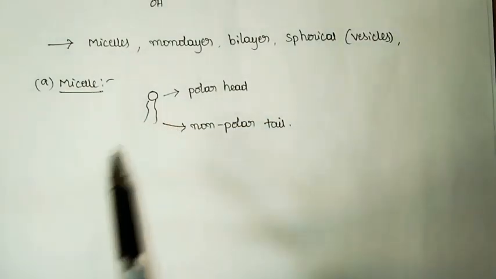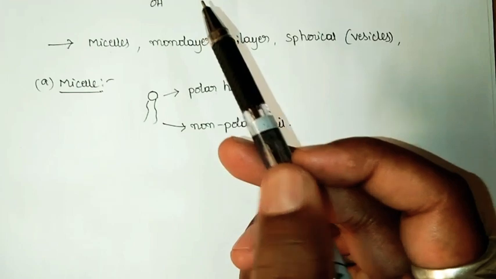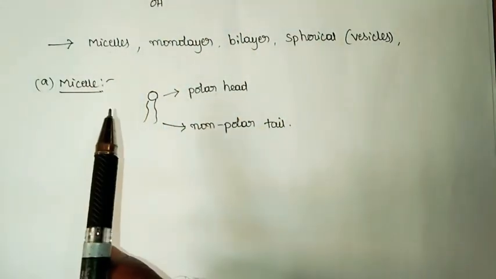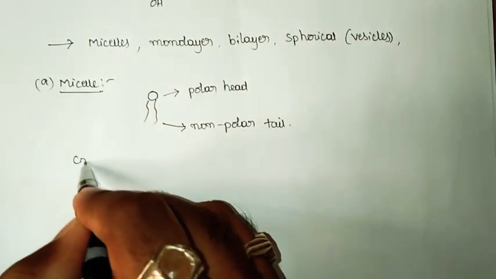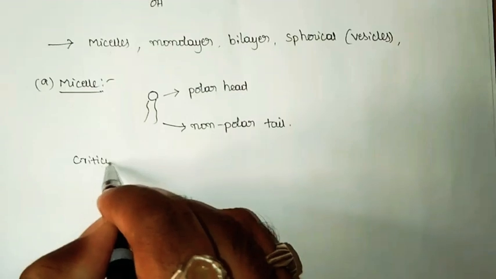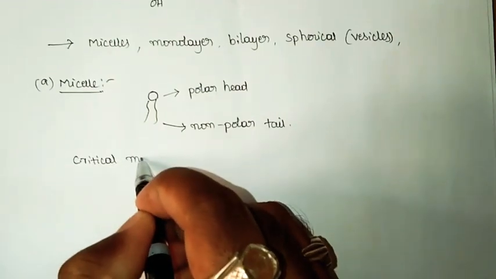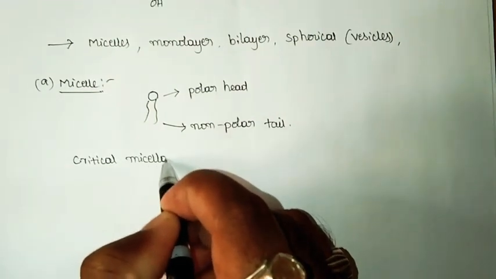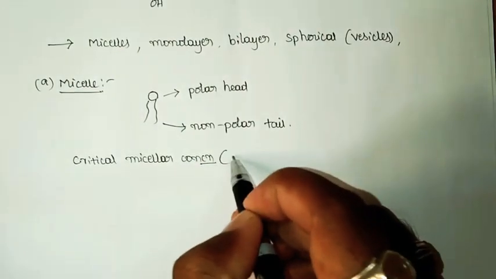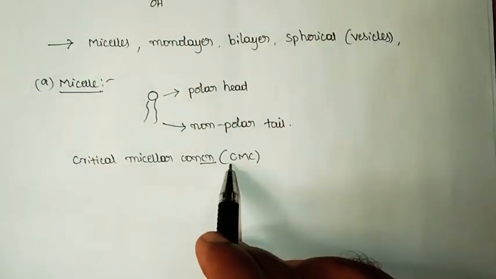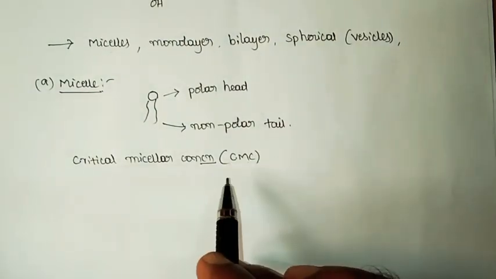The concentration above which the formation of micelles is possible is called the critical micellar concentration, which can be simply abbreviated as CMC.